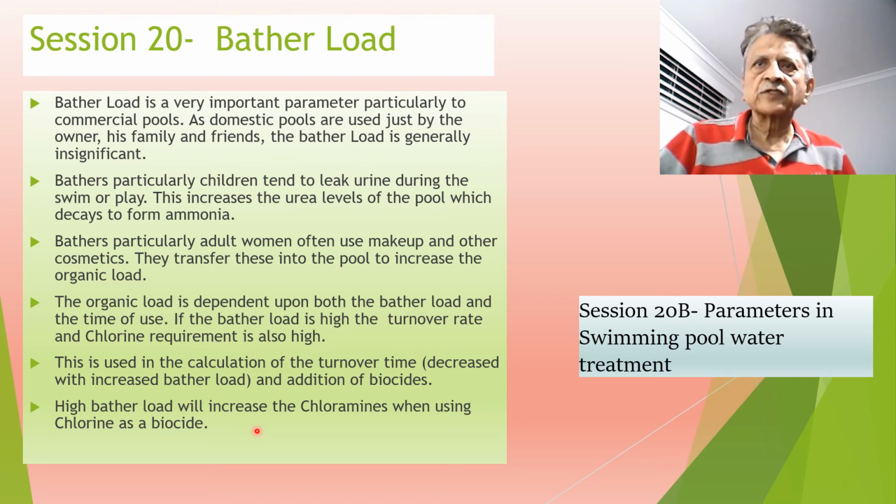We will also have to understand that when you get a chlorine smell in the pool, that smell is not because of chlorine in the pool, but rather the chloramines, because chlorine generally does not produce any smell.